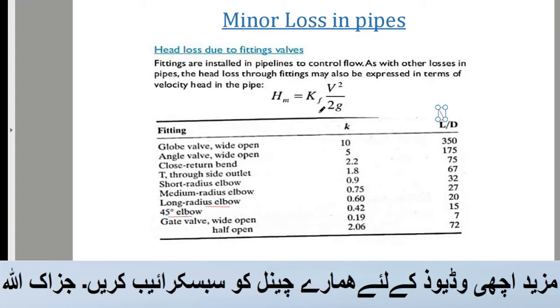So L by D and the type of fitting, either it is angle or wide open or closed return bend, you will use the value of K. If you have the value of K, then K and f will be provided and you will get the head loss. From this you have to use this table. Don't remember these values, but they will be provided if you are asked any numerical problem related to pipe fitting valves.